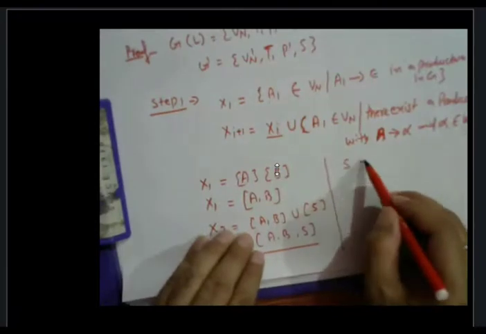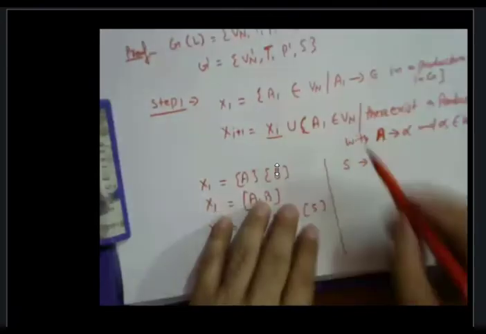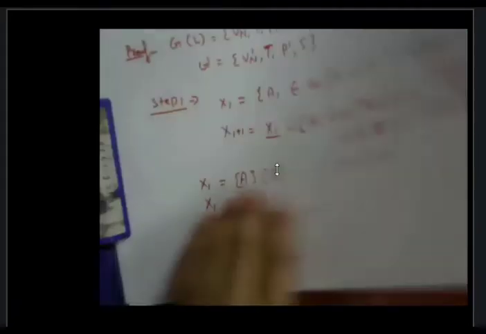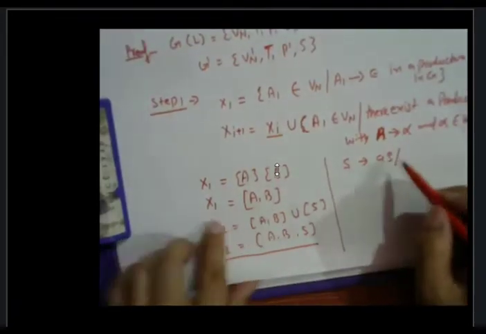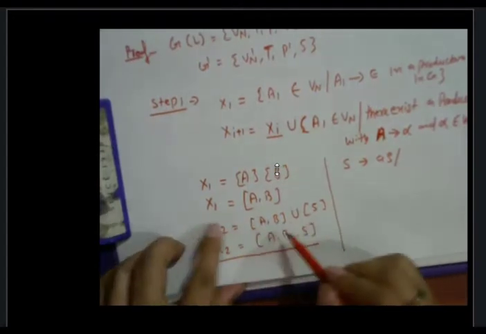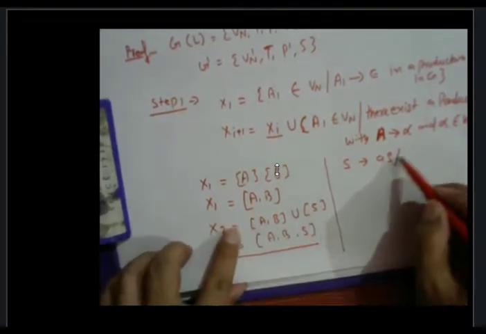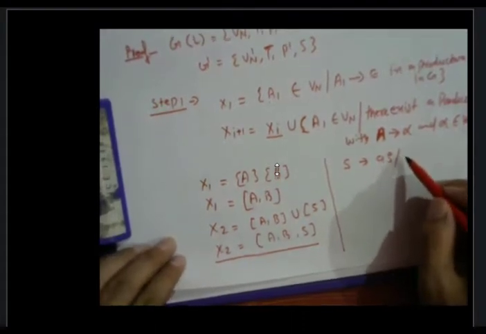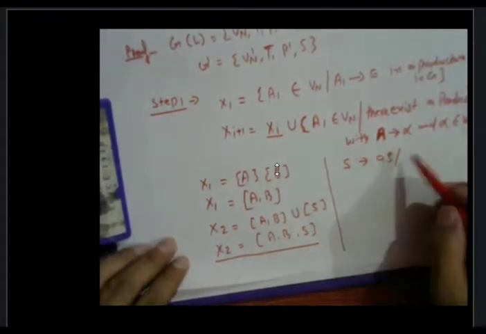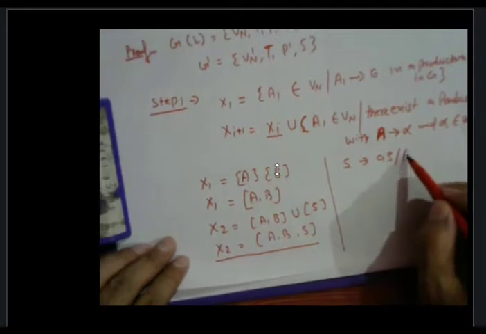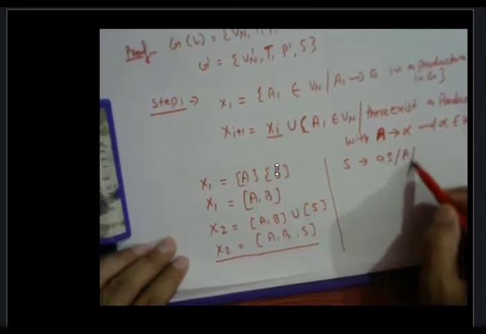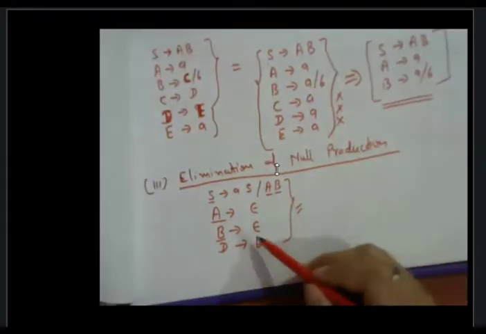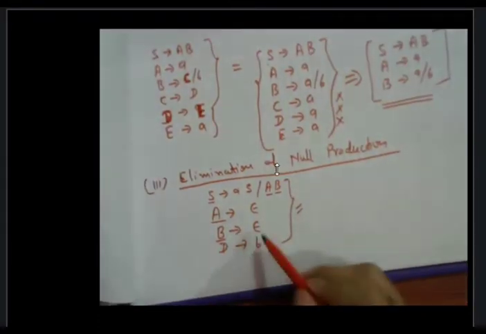As it is. There is A. Then A can be replaced with null. Then the value of A is nothing. That may be A and B. That may be A, or that may be B, or the value of A is null and B is null.